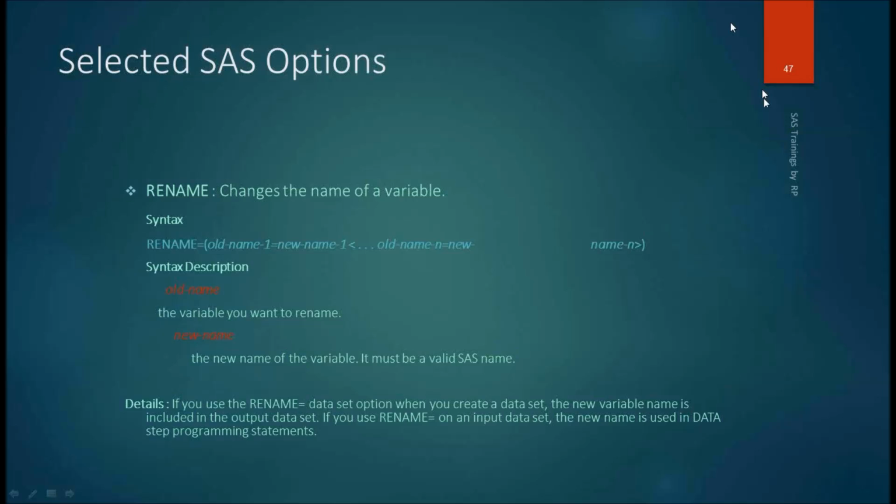For instance, I have taken one option called the rename option. The rename option will change the variable name. So if you see the syntax here, rename followed by equal to, and the variable's old name equals new name. By using the rename dataset option, you can change more than one variable name in the same data statement.